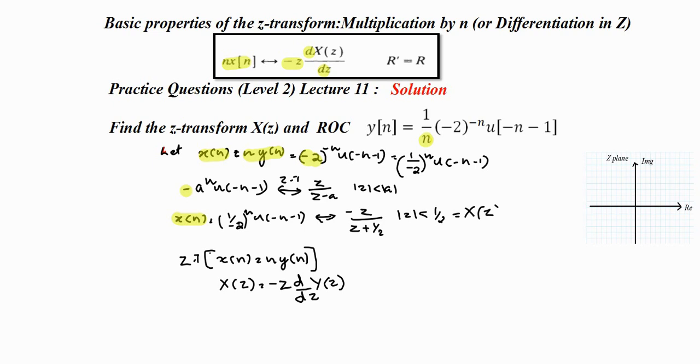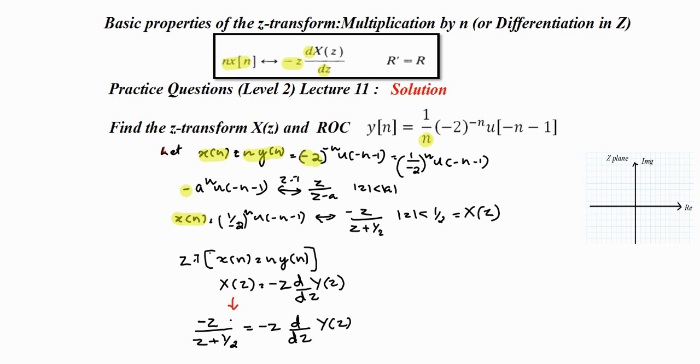Now I can substitute x of z here, so x of z is minus z divided by z plus 1 by 2, which is equal to minus z d by dz of y of z.